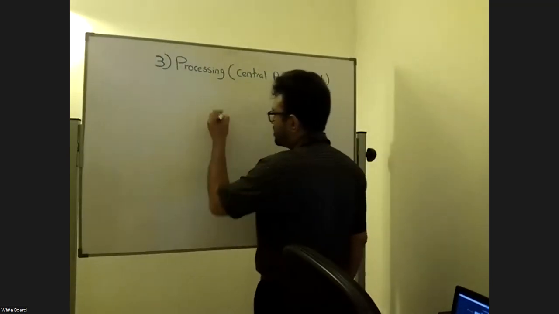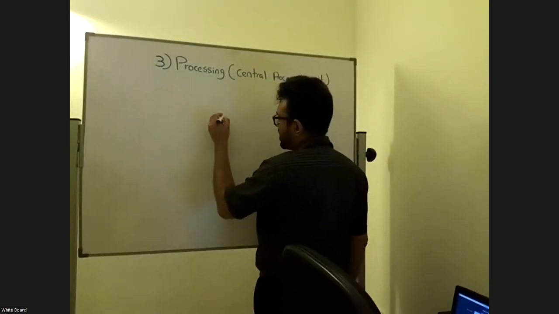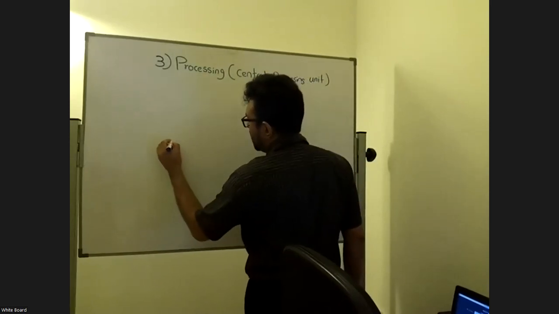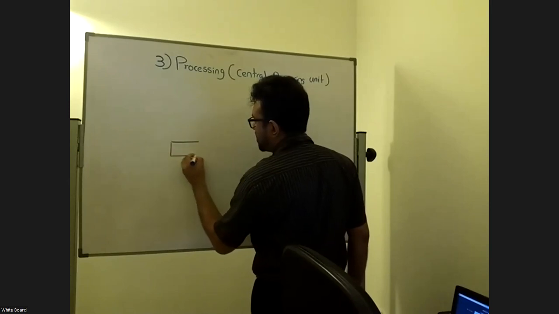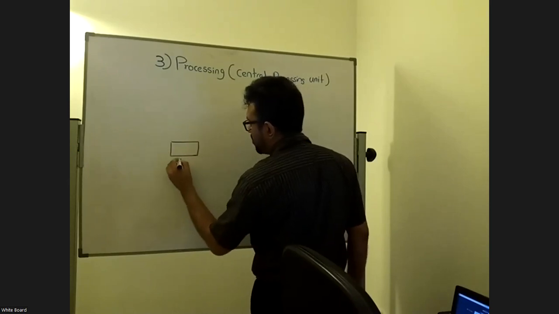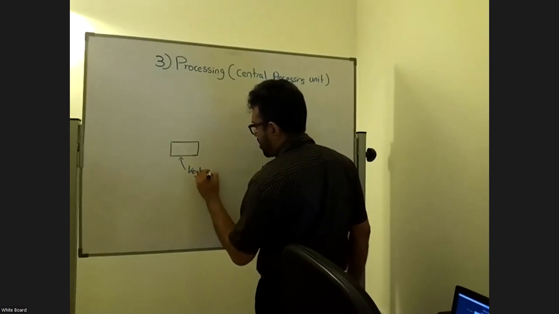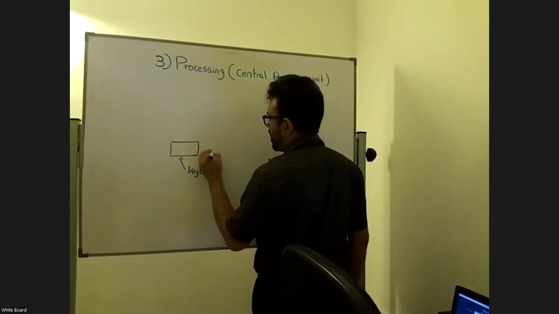So I will draw a simple diagram of a computer. So you can see input devices. This is the keyboard. And also the mouse.